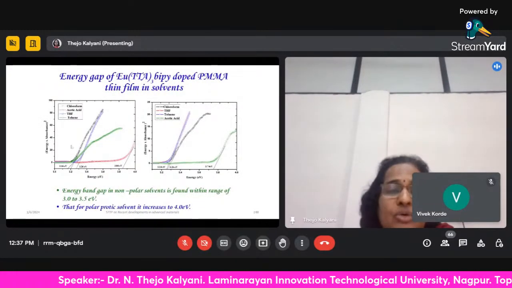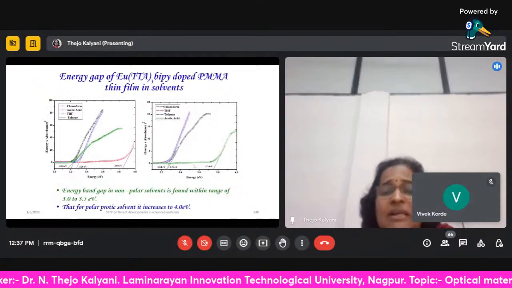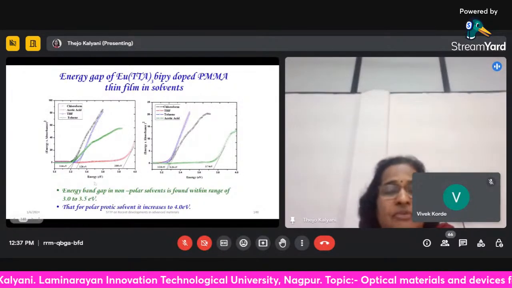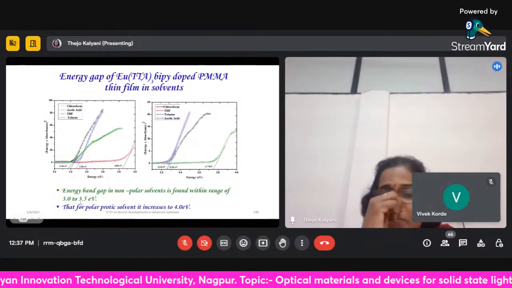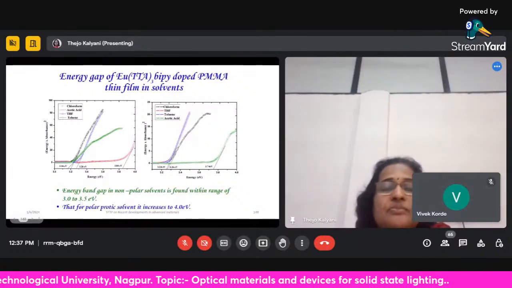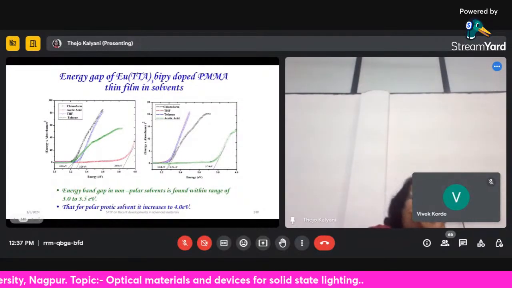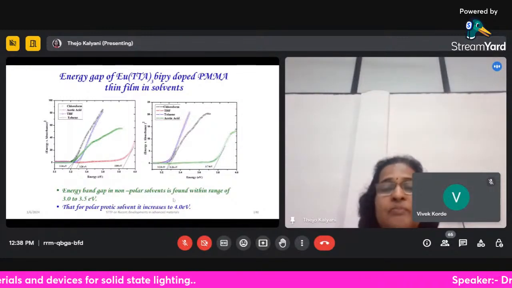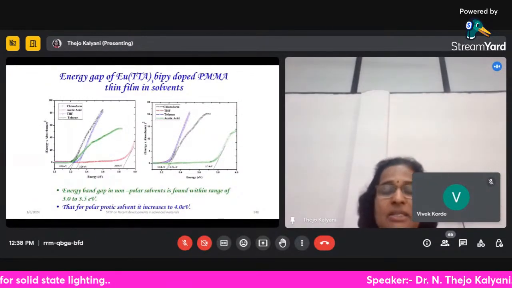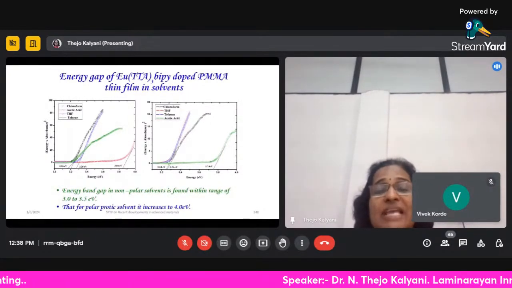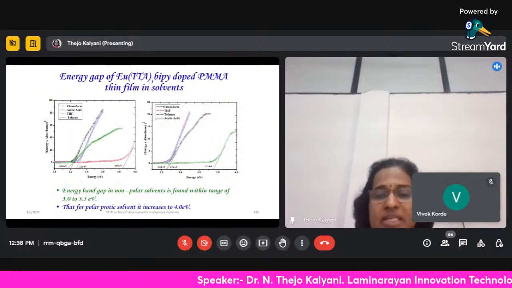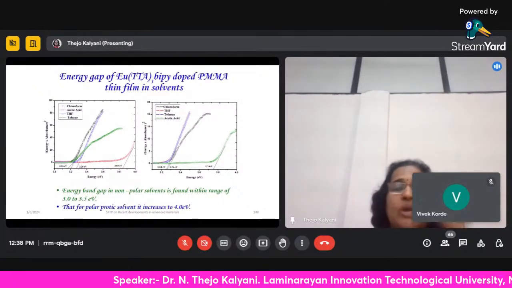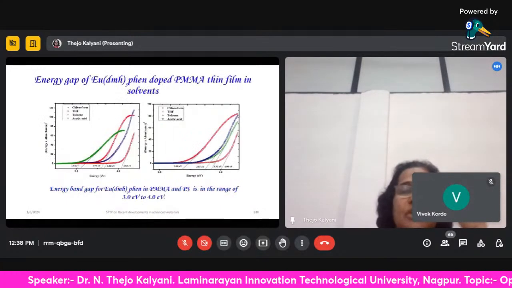We carried out the same procedure to calculate the energy band gap, and we got around the same results, between 3 and 3.5 electron volts. This means that even after doping with polymer, the energy gap has not changed a lot. Minor changes have been observed, but they are not going to affect the performance of the device.